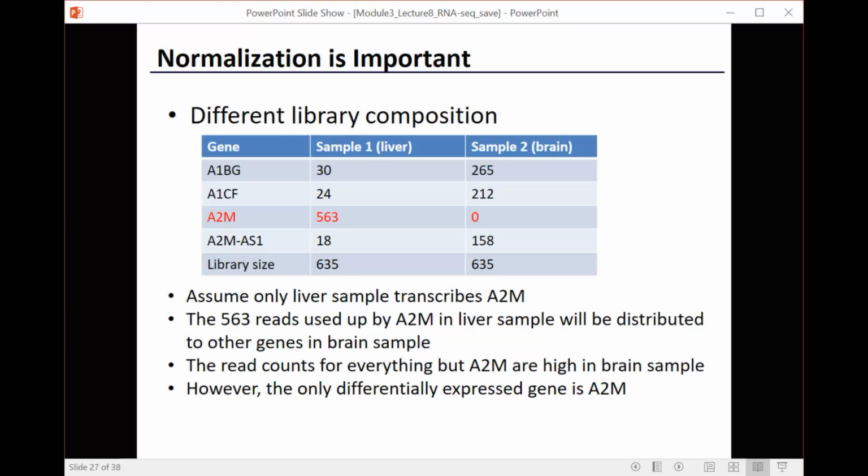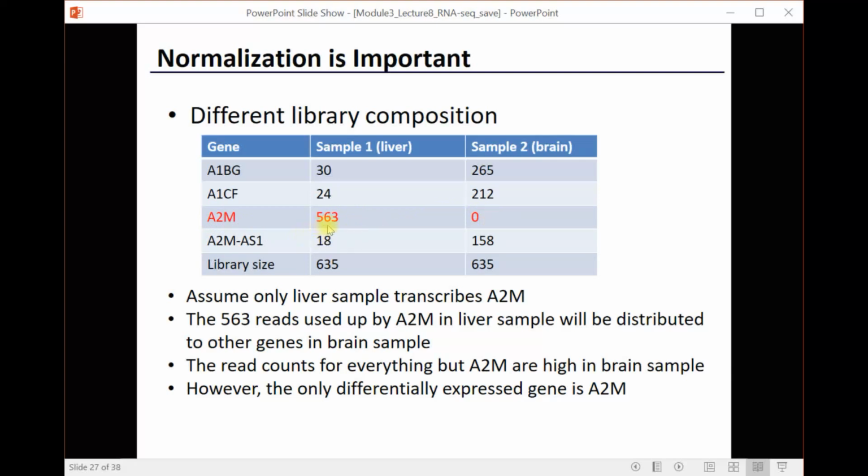The third example compares 2 samples. These 2 samples have the same library size, meaning the total reads are the same. But in sample 1, the liver sample, the gene A2M is only expressed in the liver sample, but not in the brain sample.